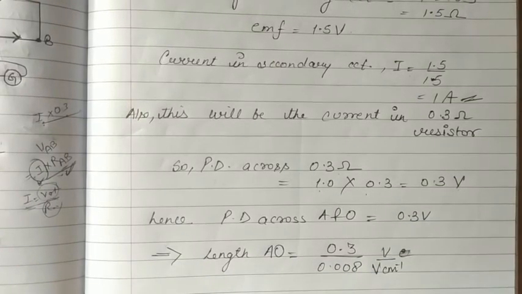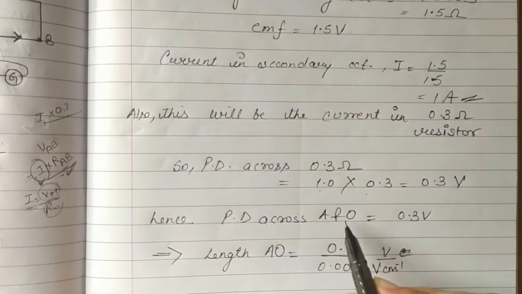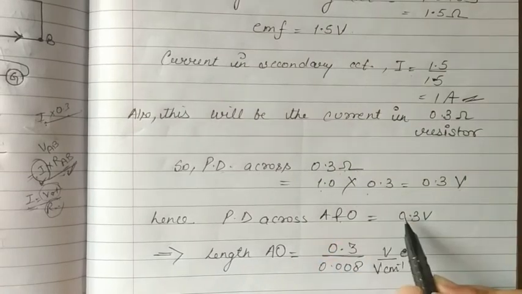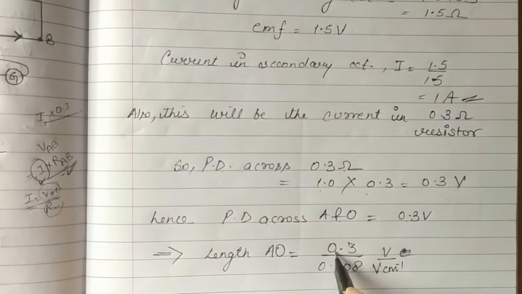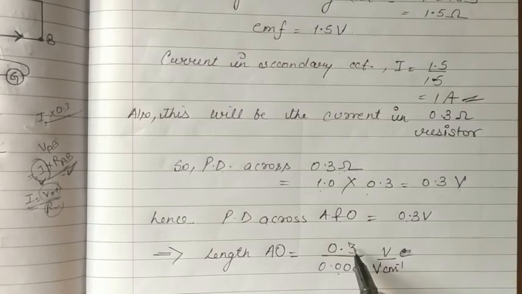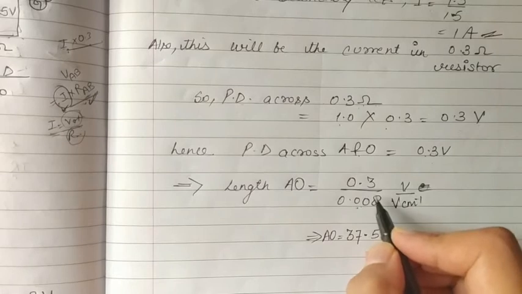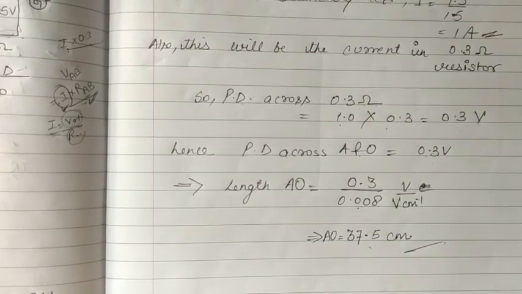Now the potential difference across A and O is equal to the potential difference across 0.3 ohms, that is 0.3 volts. So length between the points A and O will be potential difference upon potential gradient, 0.3 upon 0.008, and this is volts per centimeter, so the length we are getting will also be in centimeter.